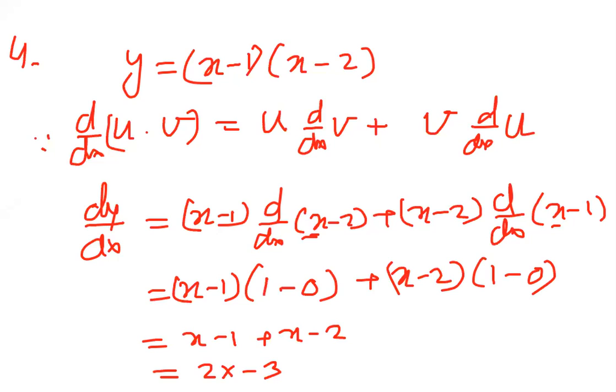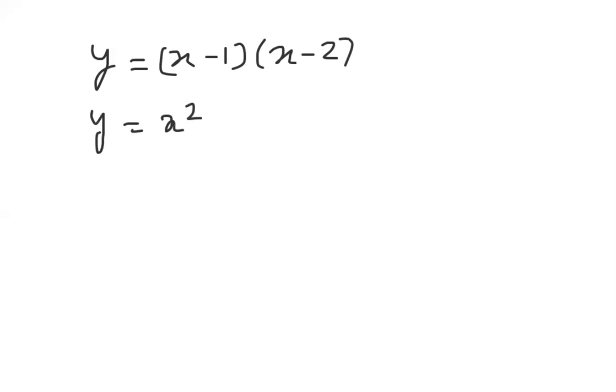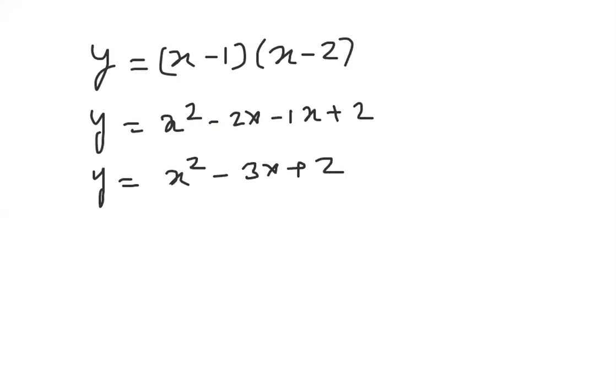If the same question we want to do with some other technique, then see, this could be done in another way also. It is y is equal to x minus 1 into x minus 2. So I could open the bracket also. y will be x square minus 2x minus 1x plus 2. I could also write y is equal to x square minus 3x plus 2. Now its differentiation.